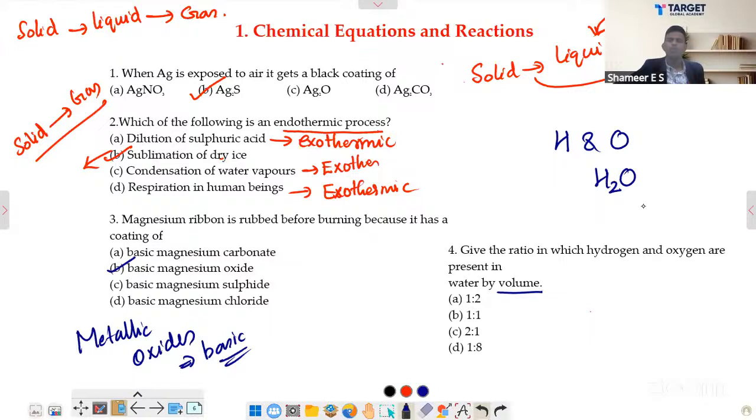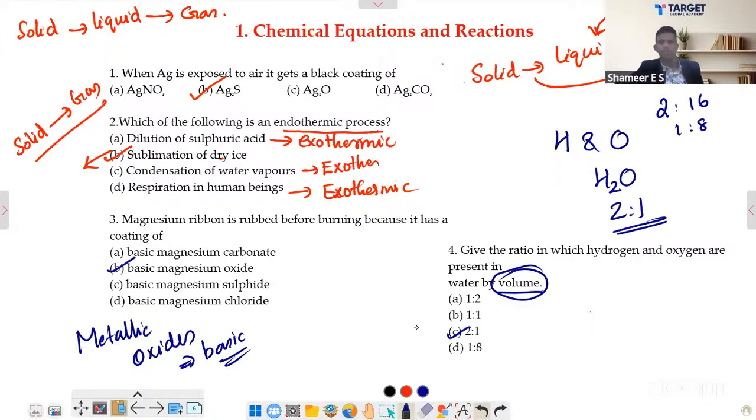Water by volume, 2:1. Then, if they are asking by mass, water by mass means hydrogen 2 and oxygen 16, so 1:8. Here they are asking by volume.